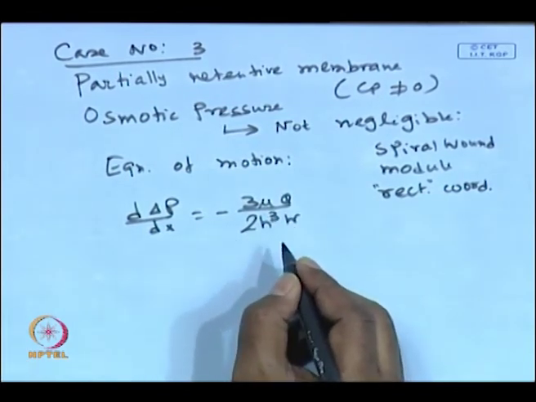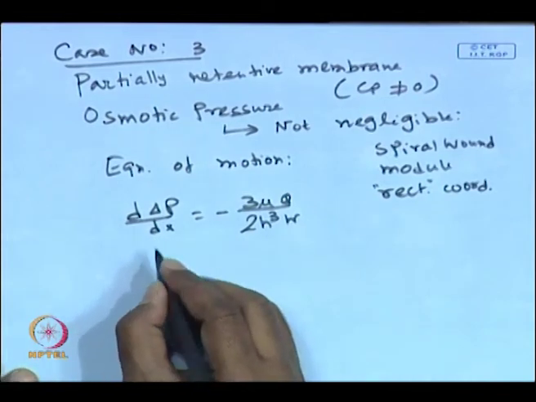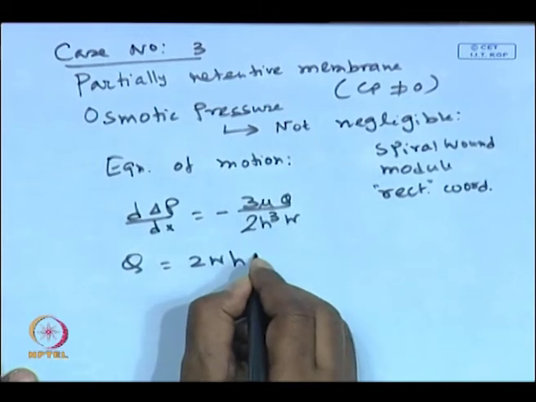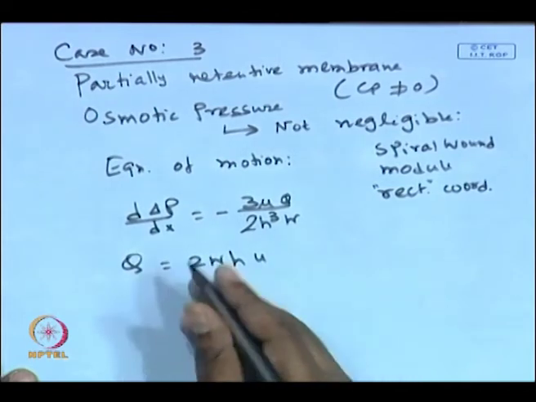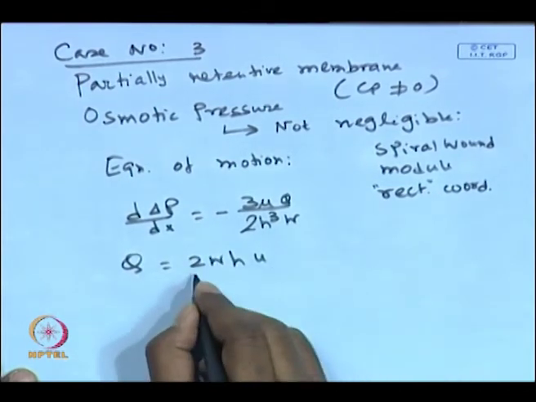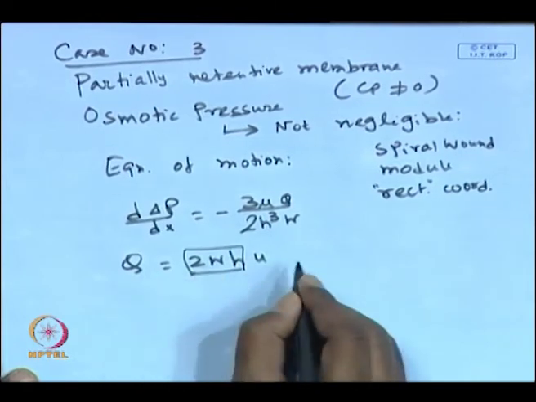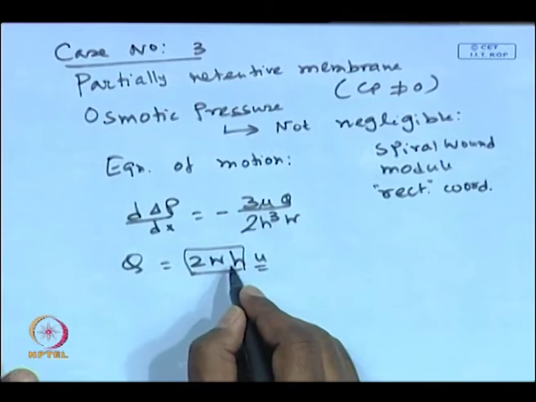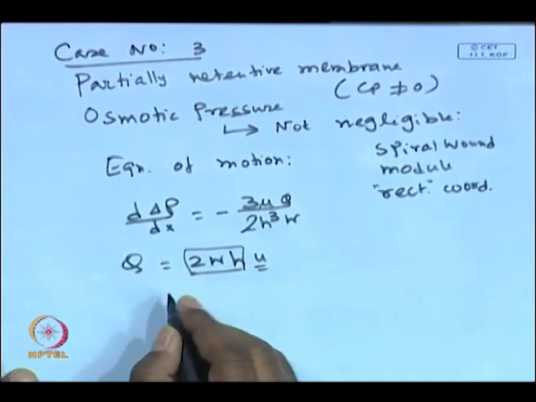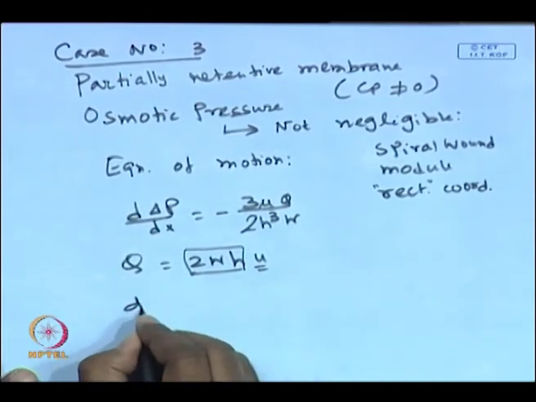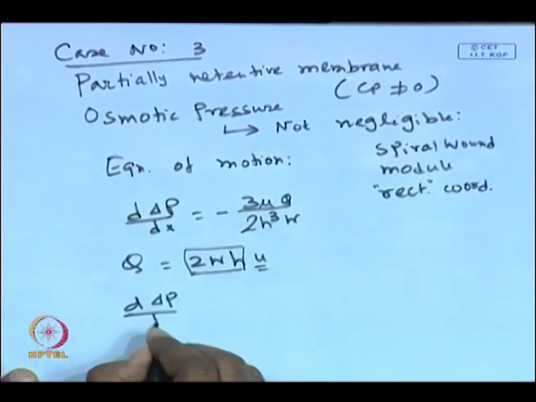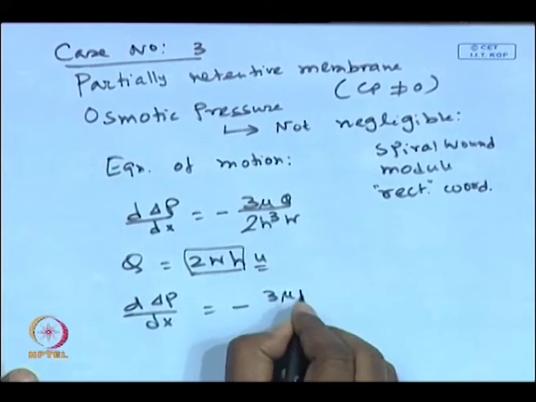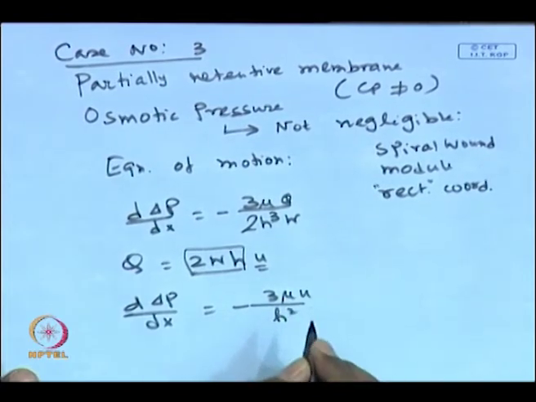That you get from the equation of motion, and substitute in the flow rate, Q is equal to 2 w h times u in the above equation, because this is the cross sectional area and this is the velocity. 2 comes because 2 times the h is the half height, 2h is the full height. So, d delta P dx becomes minus 3 mu u divided by h square.